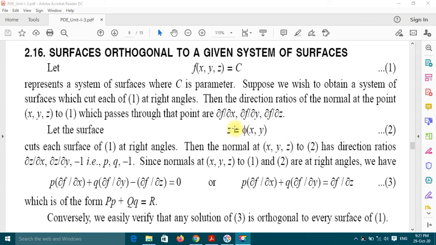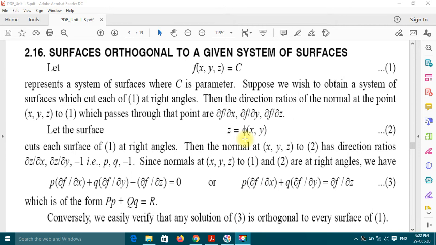Now the surface z = phi(x, y), which is denoted by equation number 2, is orthogonal to surface 1, then the direction ratio of surface 2 is ∂z/∂x, ∂z/∂y, and minus 1.